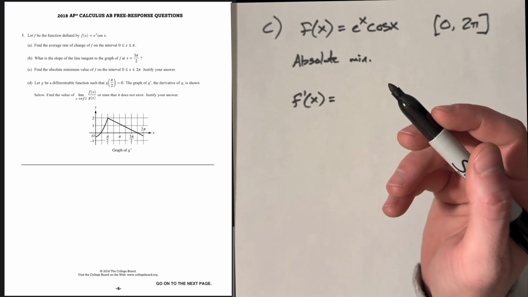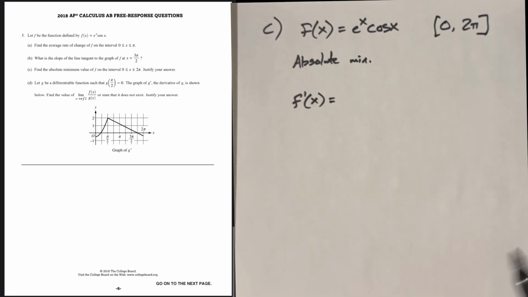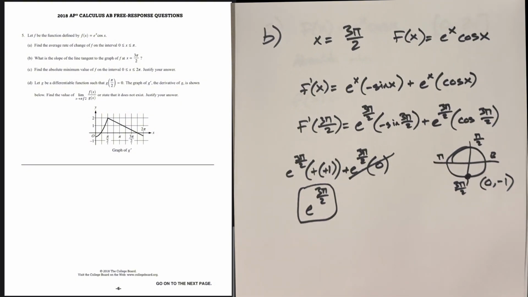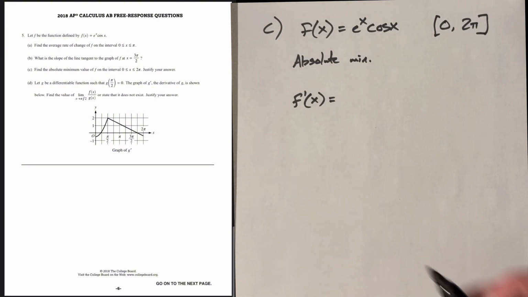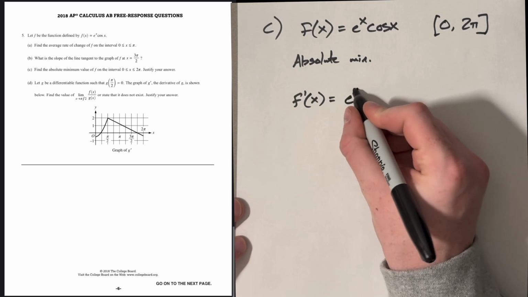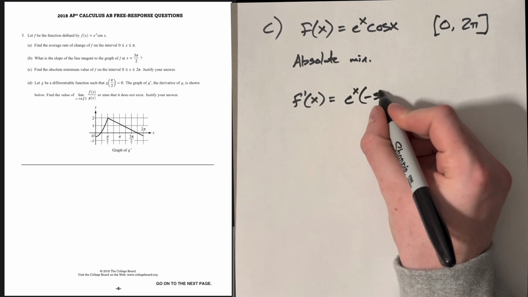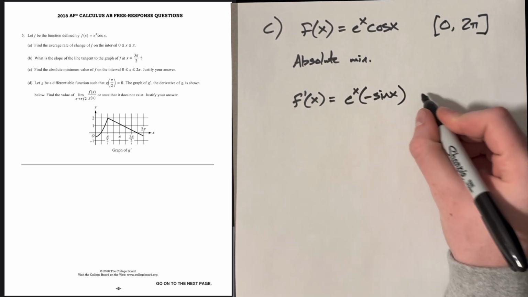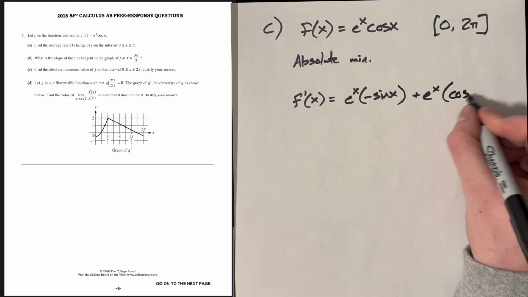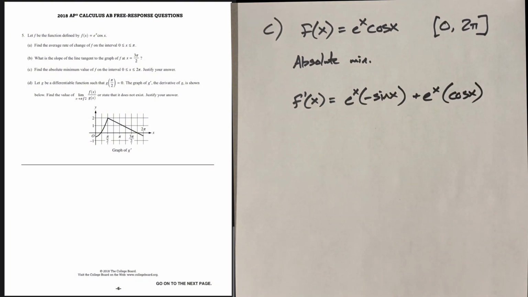Now, we know that relative extrema occur when our derivative is 0 or undefined. I'm going to take a peek back at part B and just copy down the derivative that we took in part B. It was e to the x times negative sine of x plus e to the x times the cosine of x.